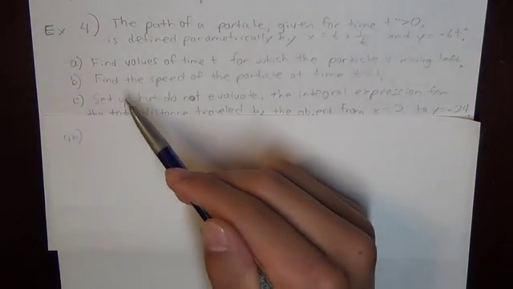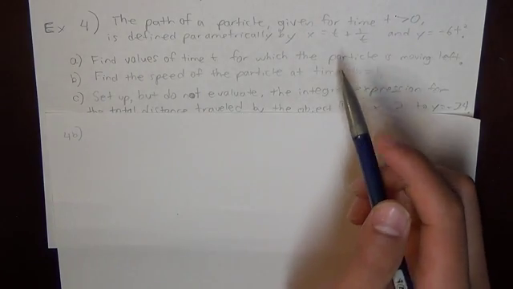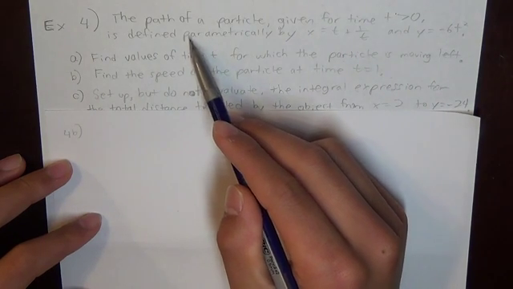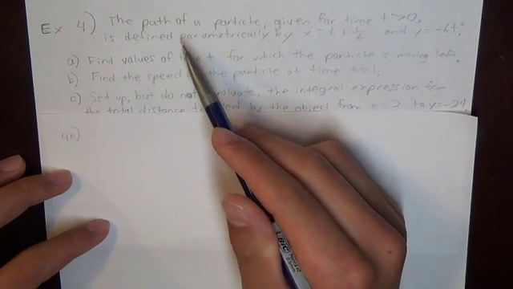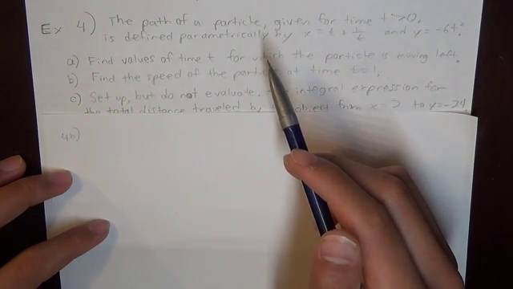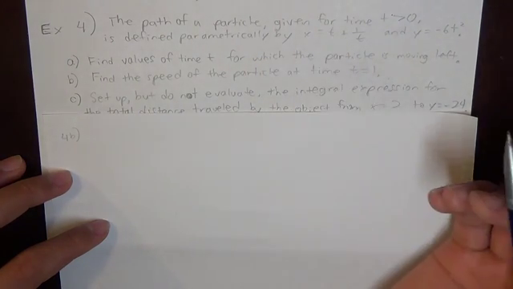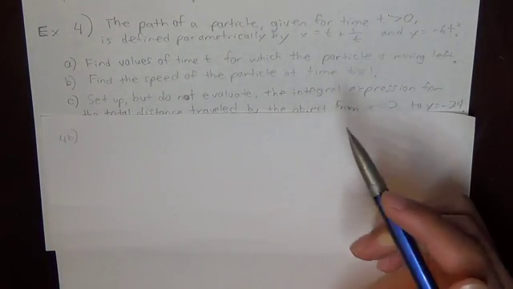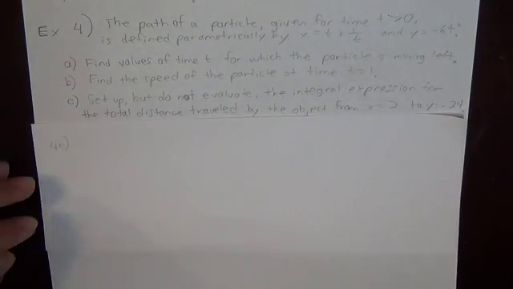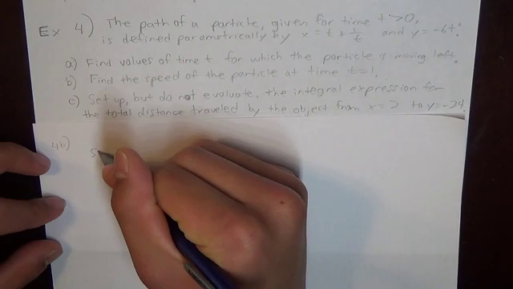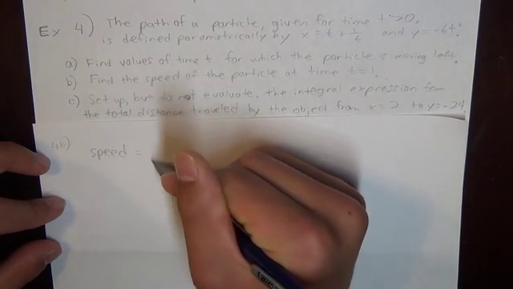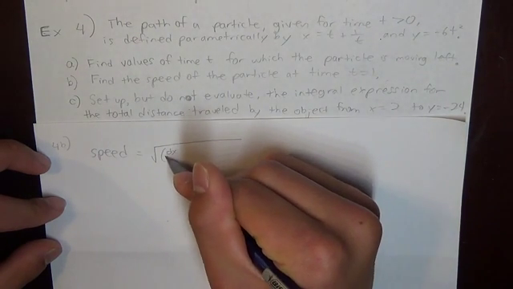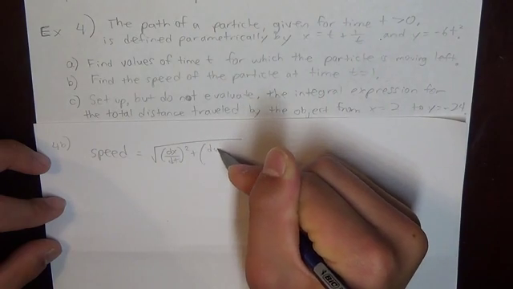Okay, for 4b it says find the speed of the particle at time t equals 1. The big thing I want to emphasize is that it says parametrically. Whenever we're dealing with parametric equations, it's different from our normal equations, because normal equations don't have the t in them, just x and y. For parametric equations, there's a formula for speed: the square root of dx/dt squared plus dy/dt squared.